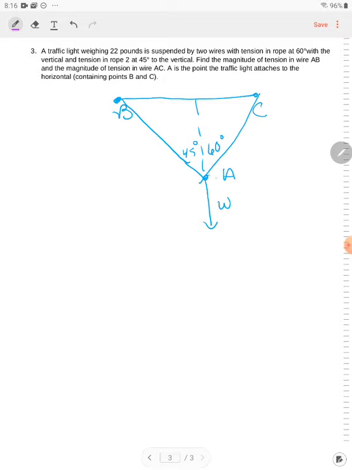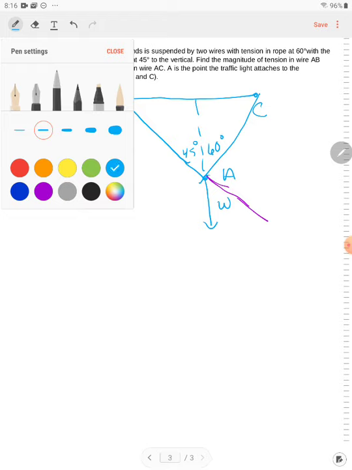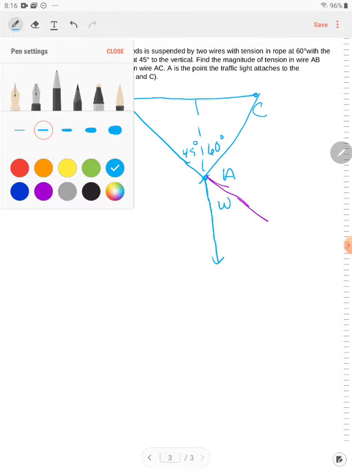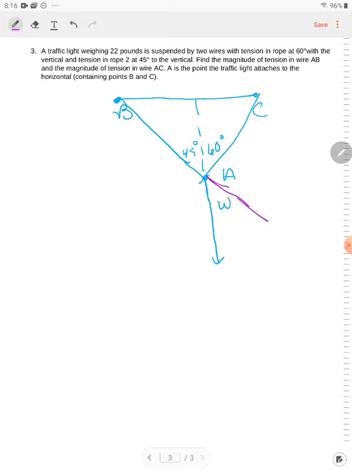I'll extend this line, and extend the weight down a little more. These lines are vectors representing physical quantities. If we extend that line out and come down to form a side that's parallel to C, we get a triangle.